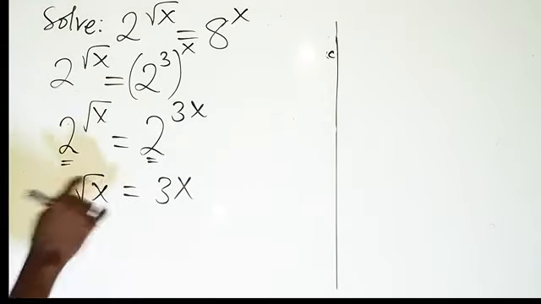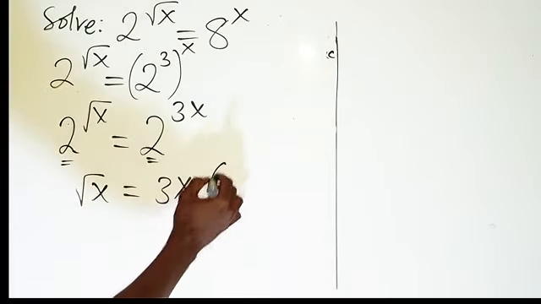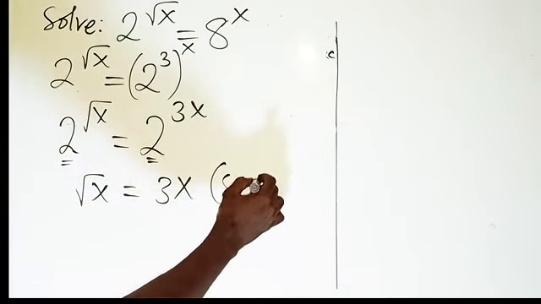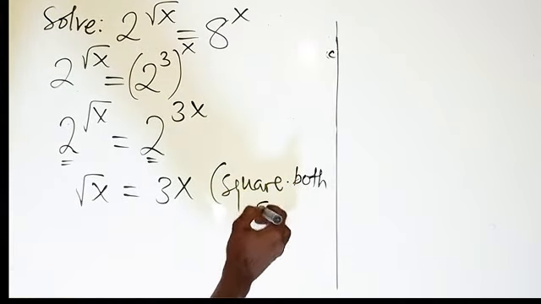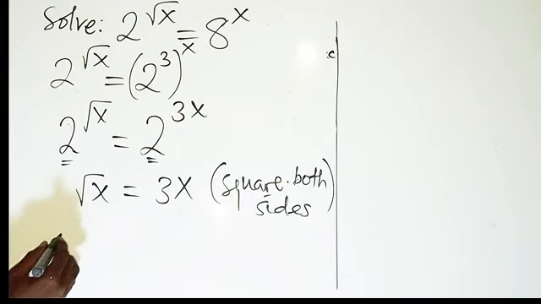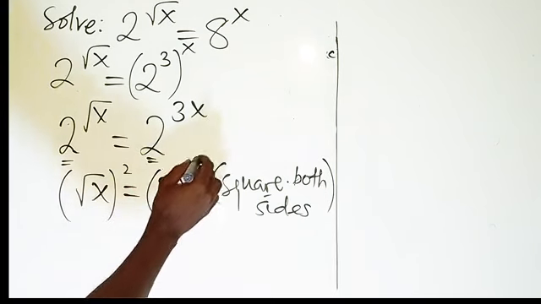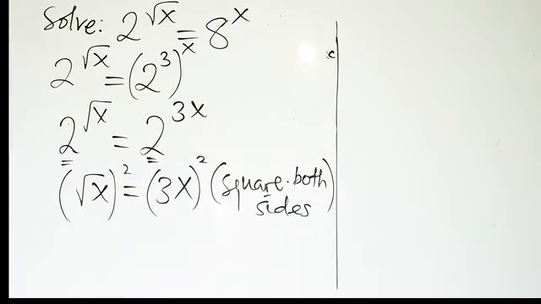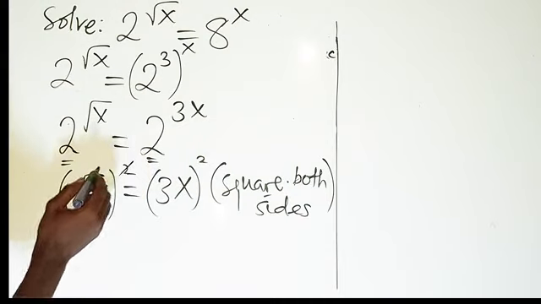So now we need to get rid of this radical sign. By doing that, I'm going to square both sides. If you square both sides, this will be root x squared, then you square this one. By squaring, this square cancels the root.